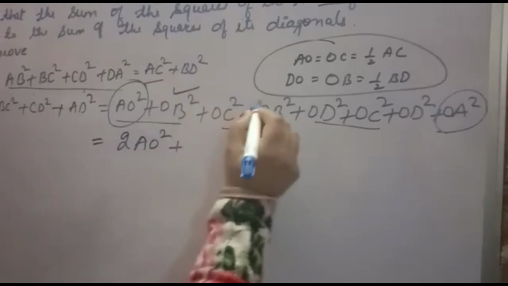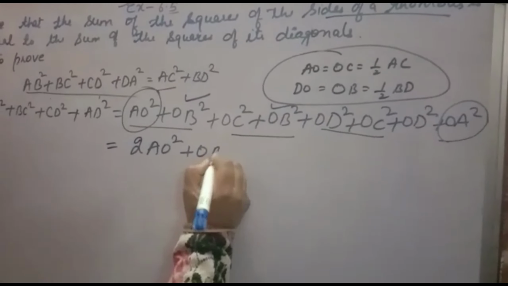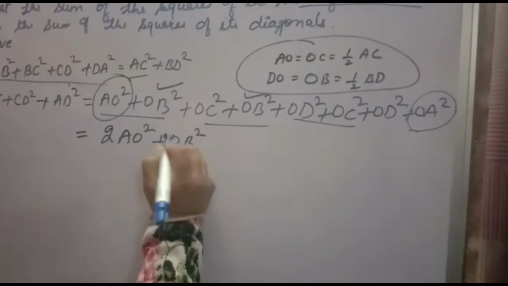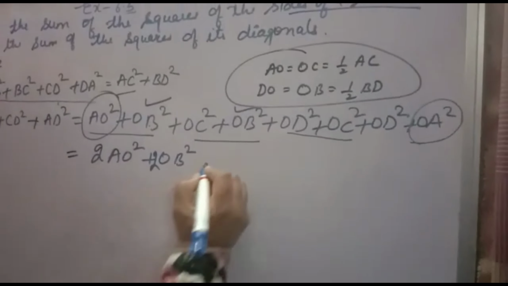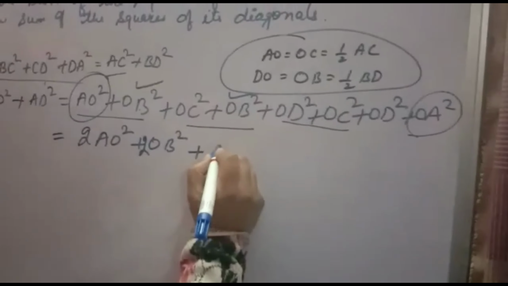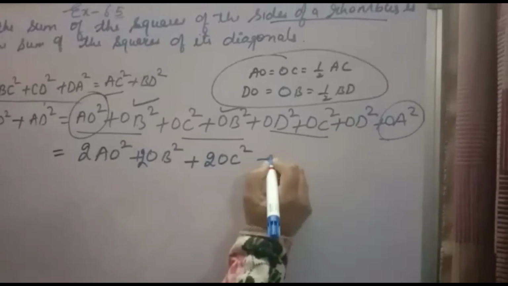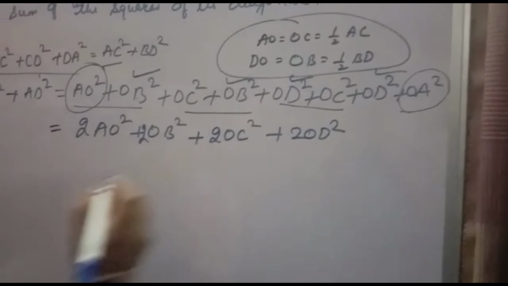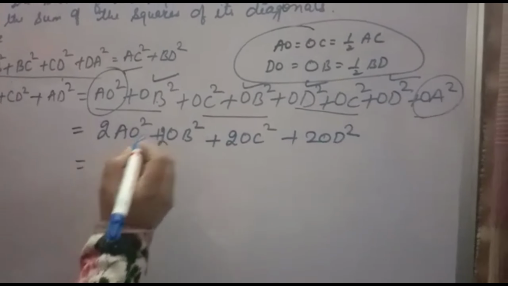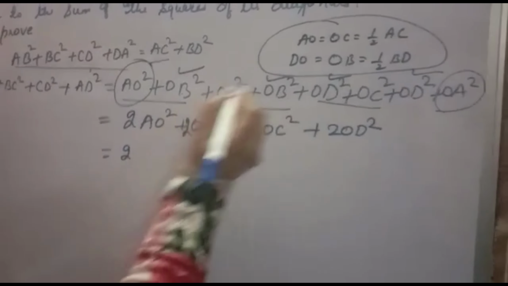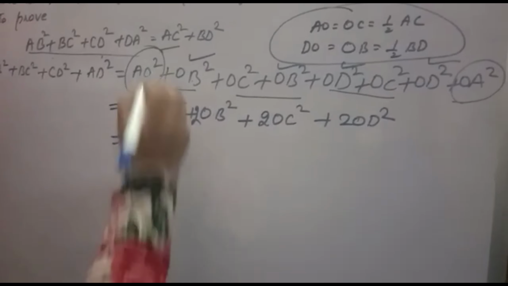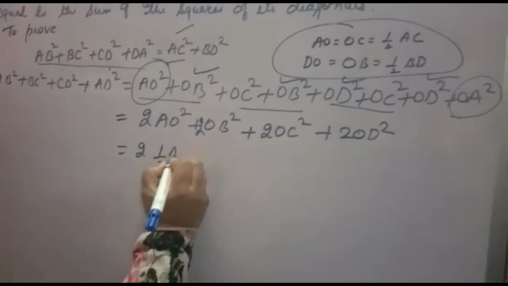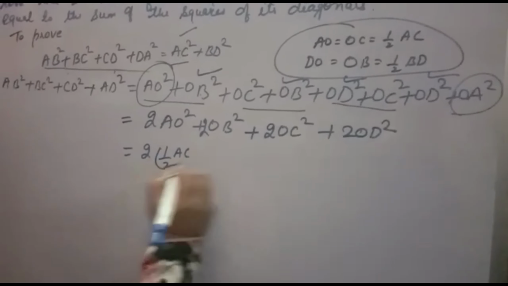Then there is 2 OB square, because OB square plus OB square is 2 OB square. Then OC square plus OC square is 2 OC square. Then OD square plus OD square is 2 OD square. Now 2 AO is half of AC, because you want AC here, so in place of AO write half of AC, whole square.